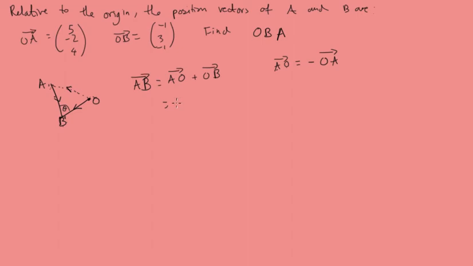So we've got OA, so we just need to, so minus 5, the minus 2 is going to become 2, plus 4 is going to become minus 4, so that's AO, and then OB is minus 1, 3, minus 1, so this gives us vector minus 6, 5, minus 5.